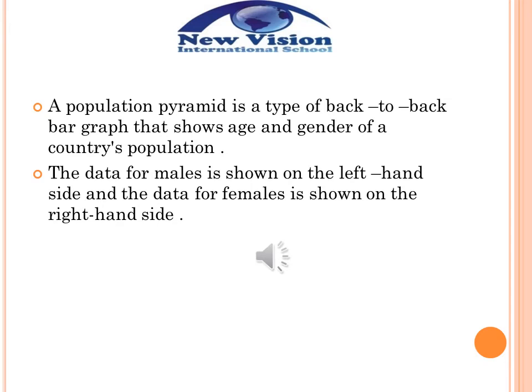And the data for males is shown on the left hand side and the data for females is shown on the right hand side. We have a population pyramid for Kenya in 2011 in page number 151 student book as an example.